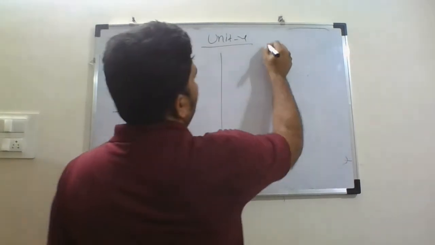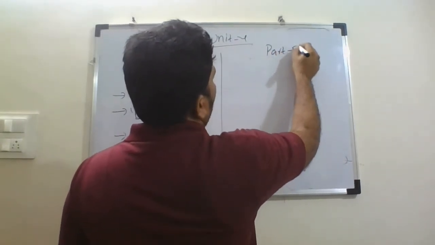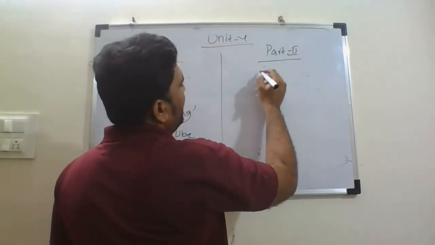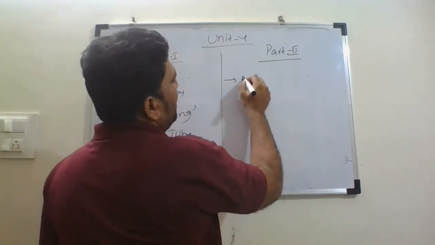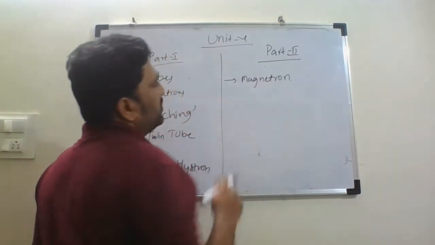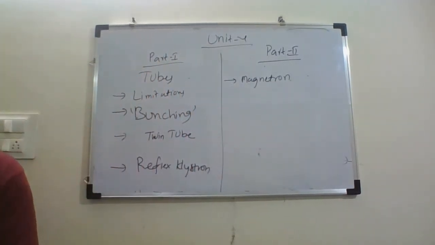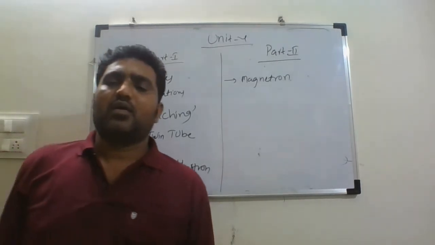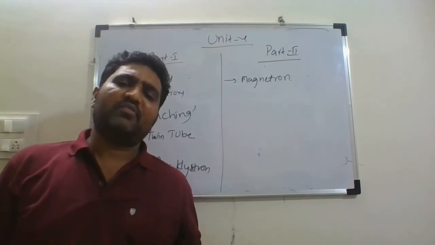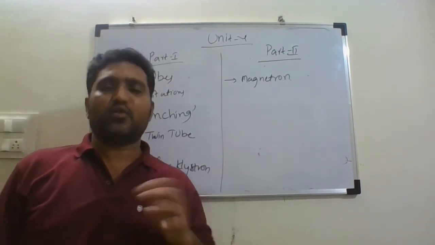Whereas coming to the second part of the fourth unit, it is also related to this. Here we will be studying some special devices called magnetron. These are different types of microwave amplifiers and oscillators, a generator and oscillator.